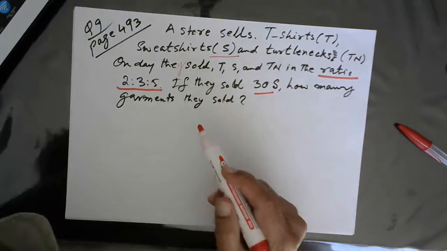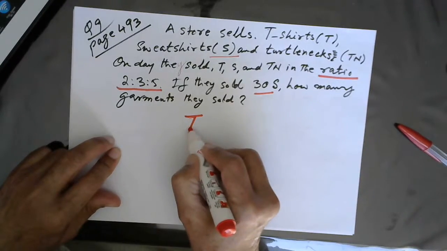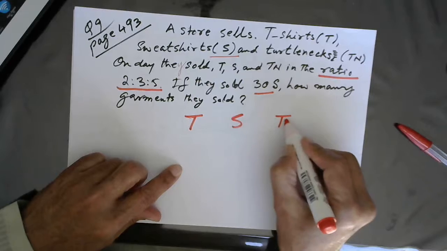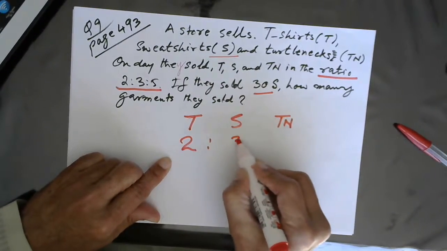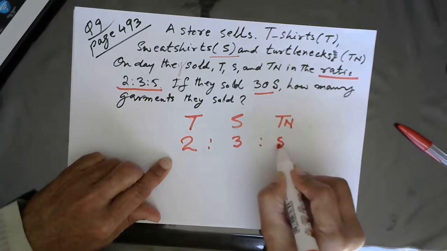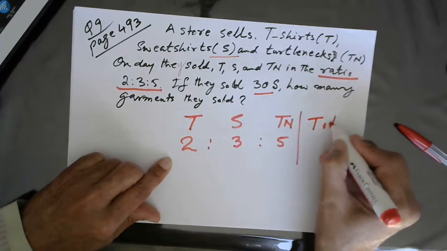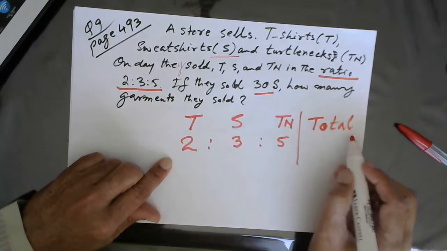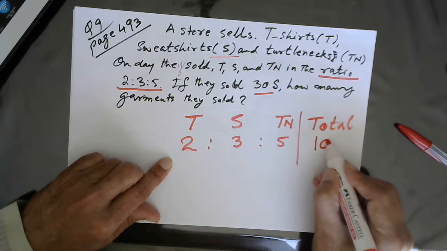Okay, so let us write it like this. T-shirts, sweatshirts, and turtleneck, and the ratio is 2 to 3 to 5. And I add here a new cell, which is total. 2 plus 3 plus 5, the total is 10.